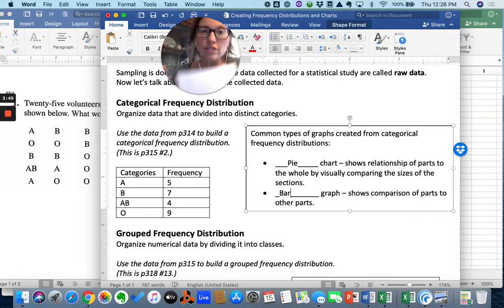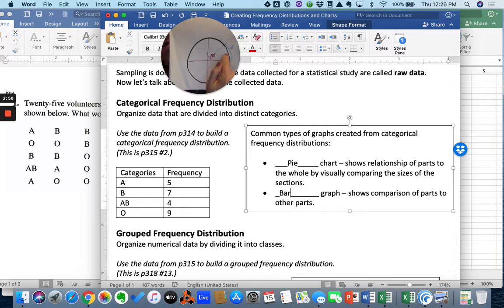So you know that a circle, here we go, a circle is, let's see if I can do this backwards. A circle, nope, this is hard to do. A circle is 360 degrees all the way around, right? 180 is half of the circle, and a fourth of the circle is 90.